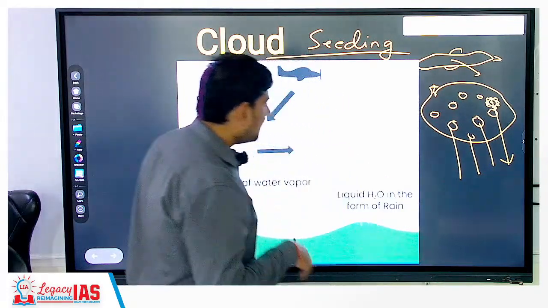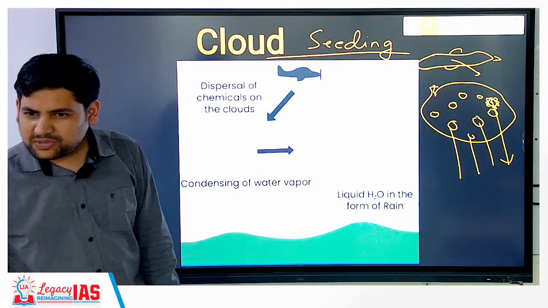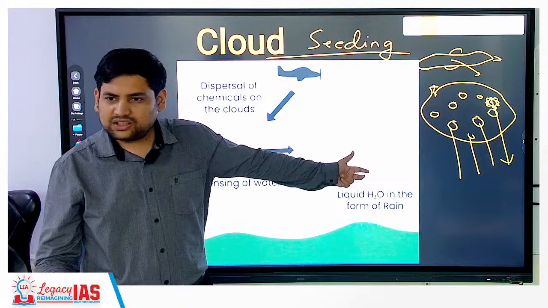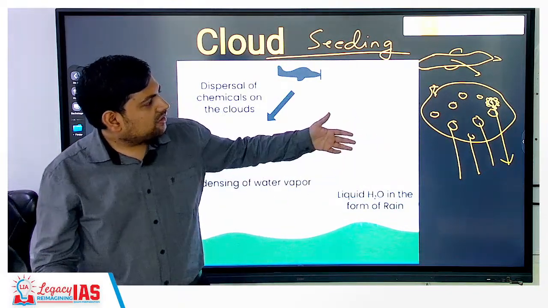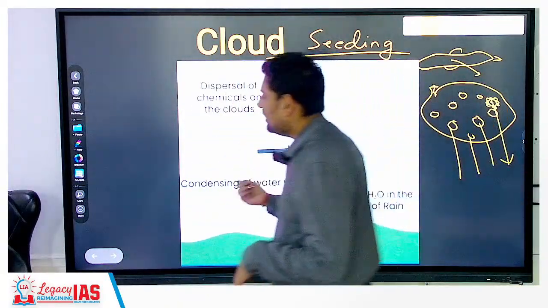Now cloud seeding has many applications. For example, if it's drought conditions, there is not enough rainfall, then you can make rain. You can also use it, for example, China did this during the 2008 Beijing Olympics.